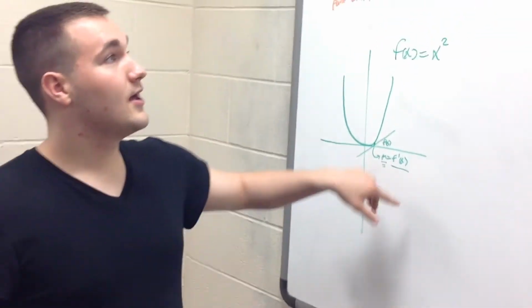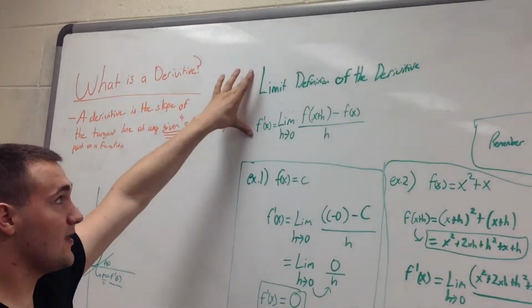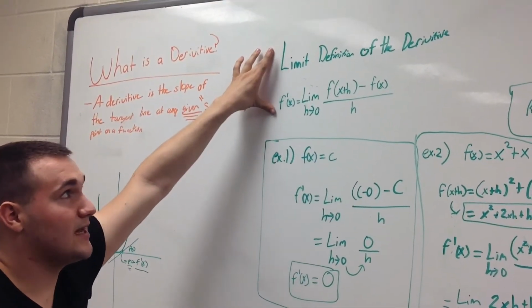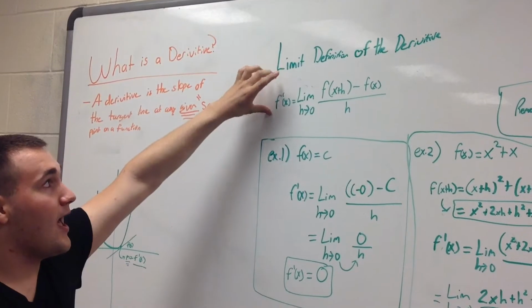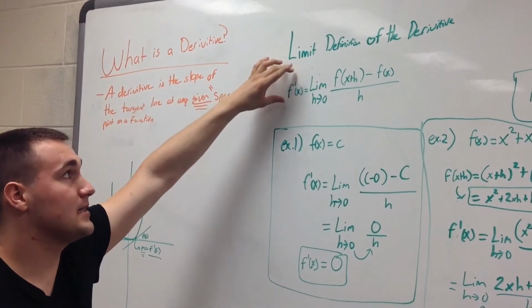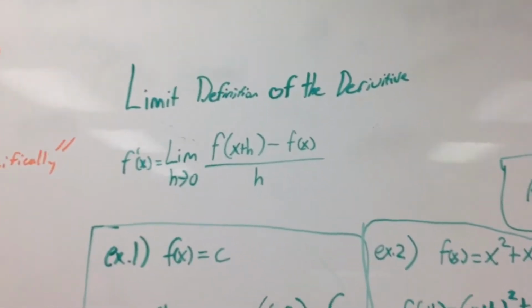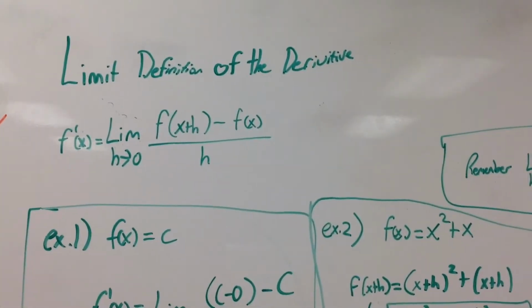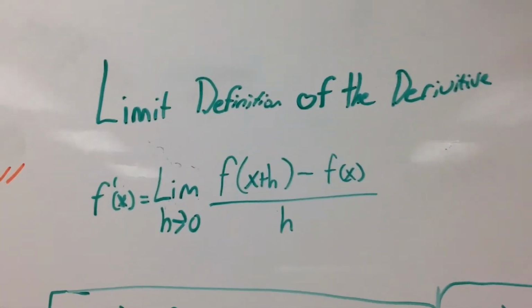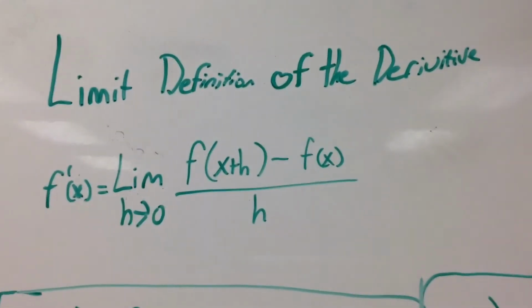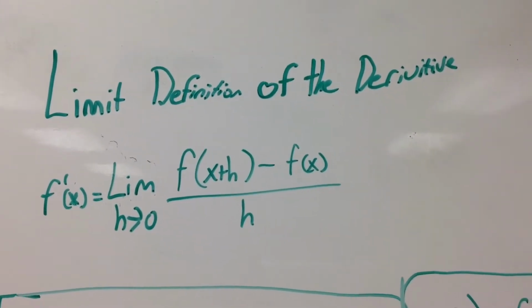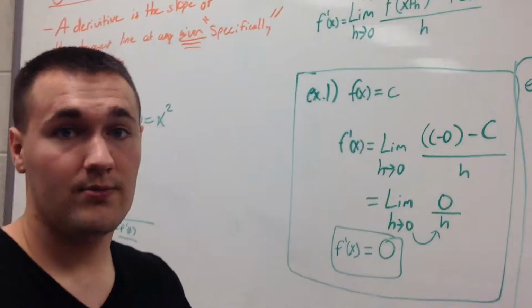So, just like I showed in the other video, the limit definition of the derivative: f prime of x is equal to the limit as h approaches 0 of f of x plus h, in parentheses, minus f of x, all divided by h. You can use this in many different forms.